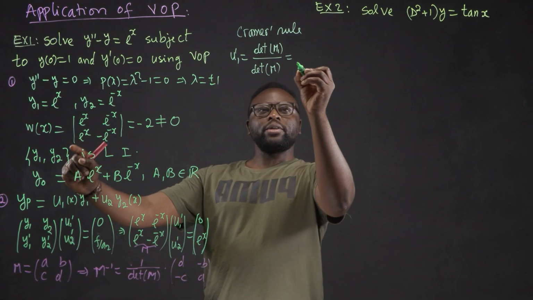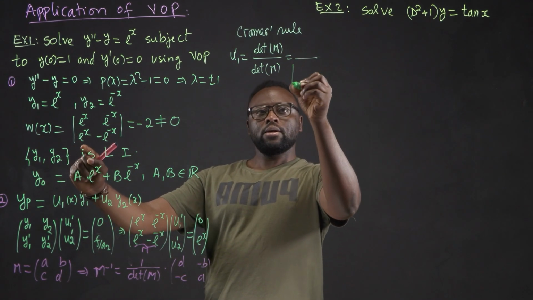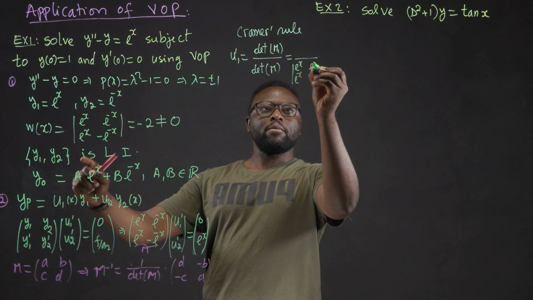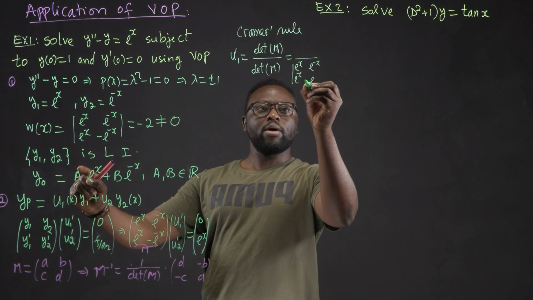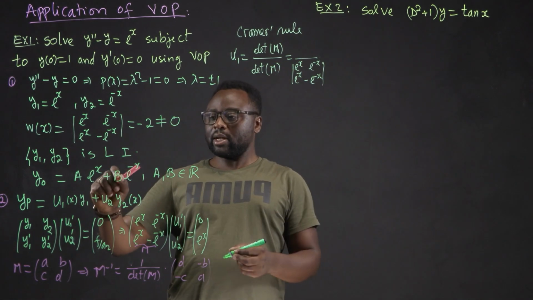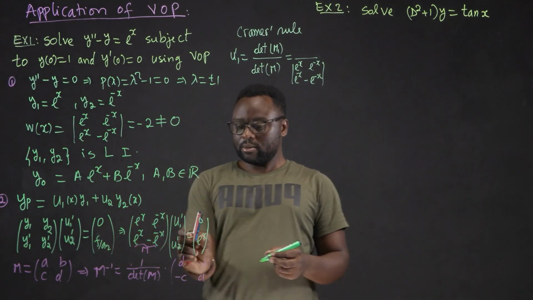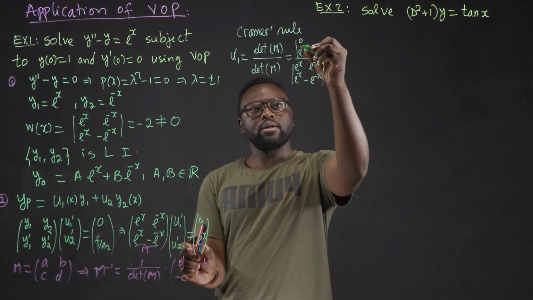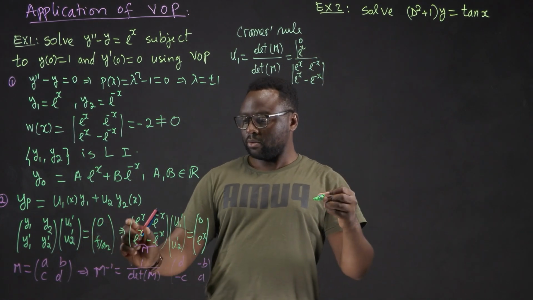So we already have the determinant here. This is e to the power x, e to the power x, e to the power minus x, and here is e to the power minus x. And for this, we start with this part, okay? This is 0 times e to the power x, and we continue with this.